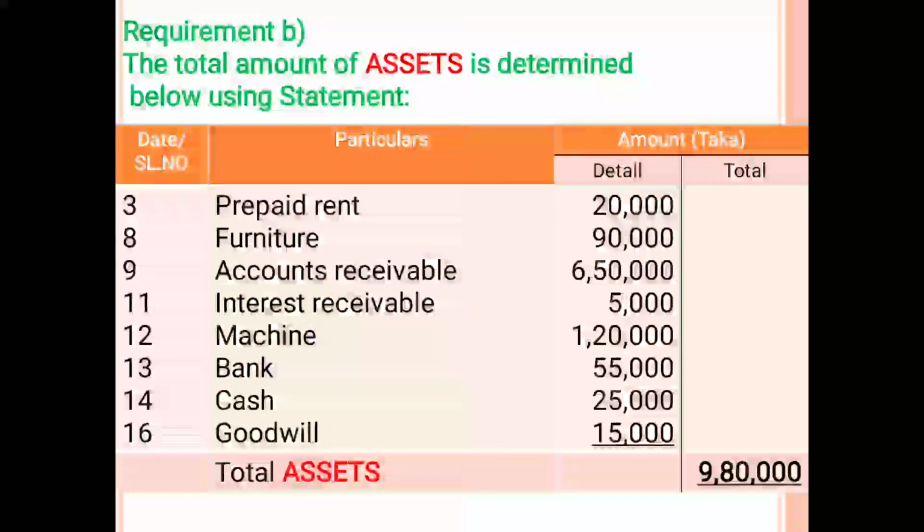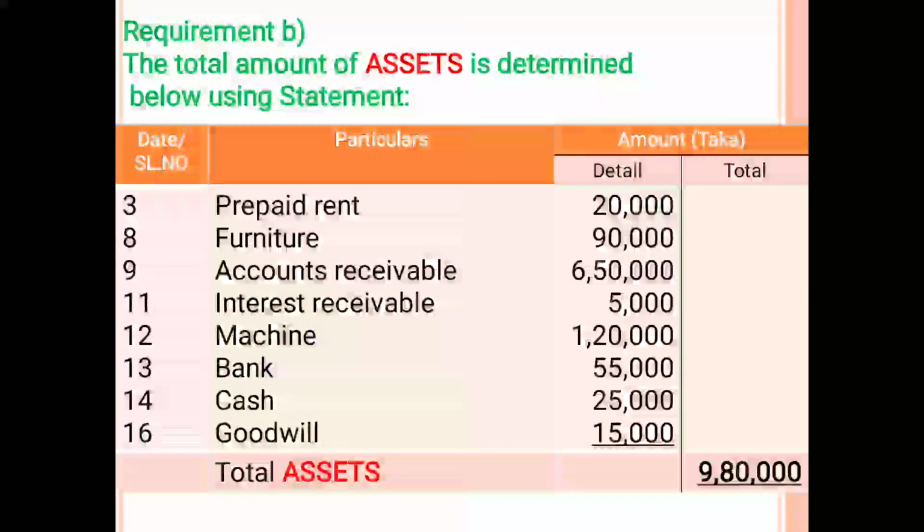The first asset is prepaid rent. It's available for taka 20,000. Furniture for taka 90,000. Accounts receivable for taka 6,50,000. Interest receivable for taka 5,000.